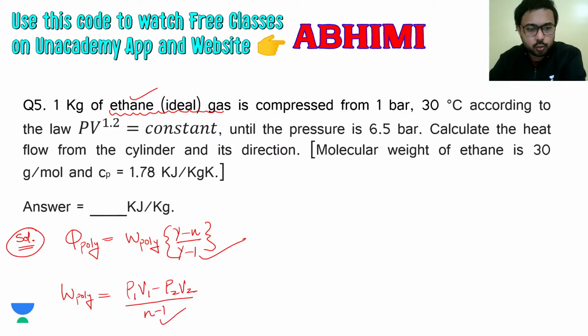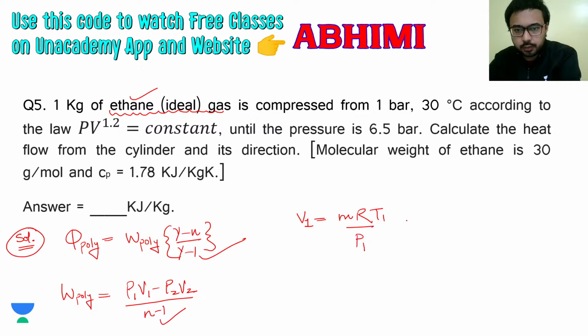We know n, we know P1, we know P2, and we can calculate V1 and then V2 using this law. V1 first: it is going to be m R T1 divided by P1. M is given as 1 kg.